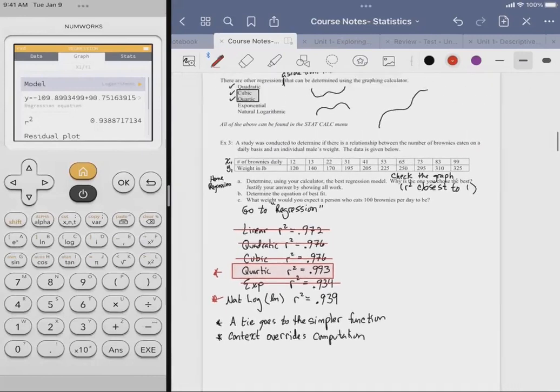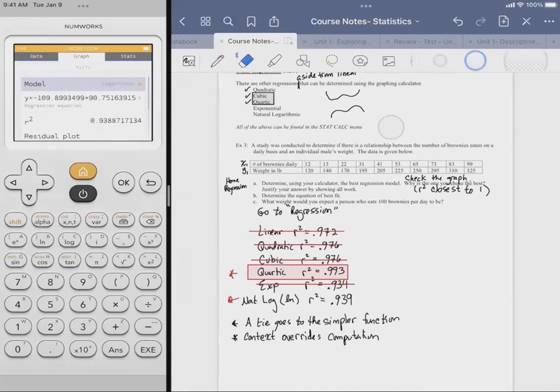The thing about a natural log function or any other logarithmic function, just making a little note here, is that unless there's a transformation involved, you're starting off with something that has a very dramatic increase early on, and then it levels off.